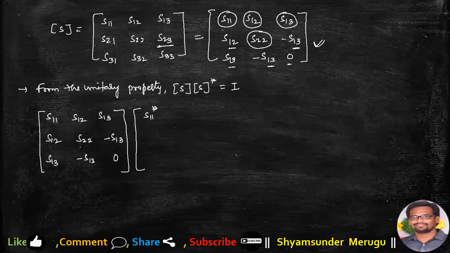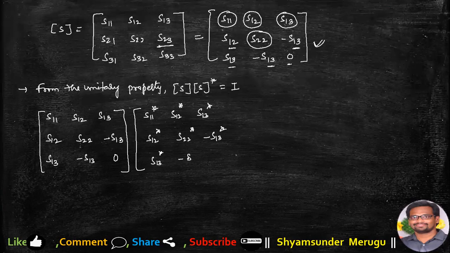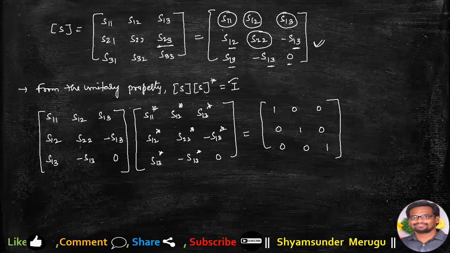That is S11 conjugate, S12 conjugate, S13 conjugate, S12 conjugate, S22 conjugate, minus S13 conjugate, S13 conjugate, minus S13 conjugate, and 0, which will be equal to the matrix 1 0 0, 0 1 0, and 0 0 1. This matrix is the identity matrix I.